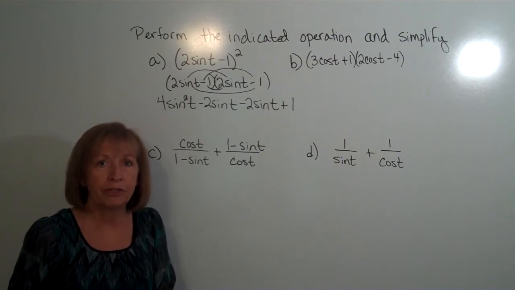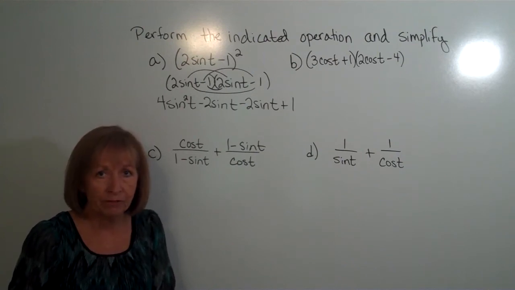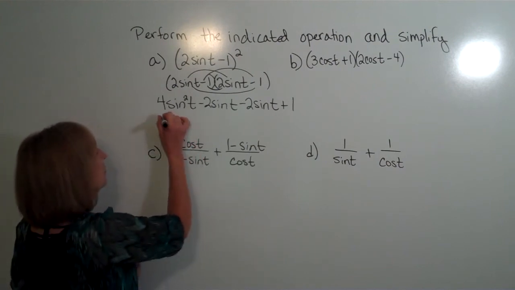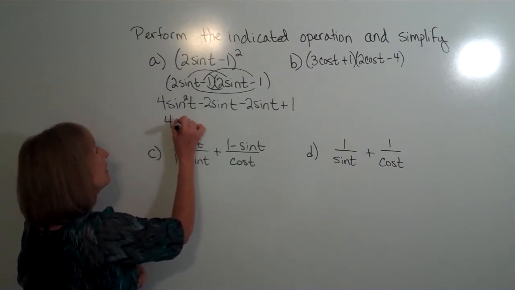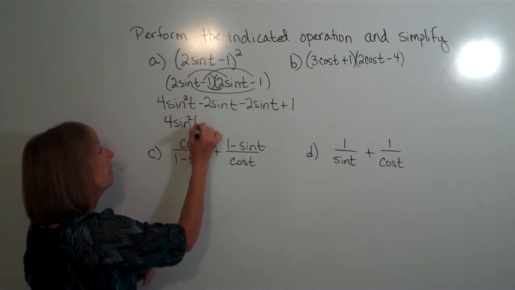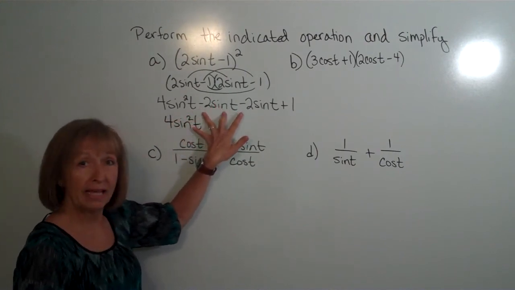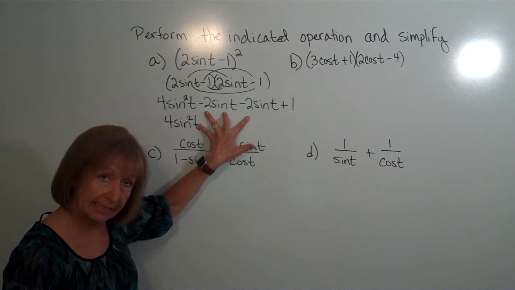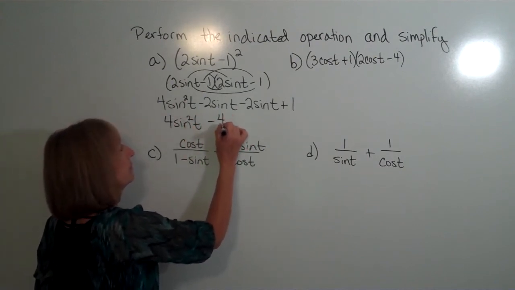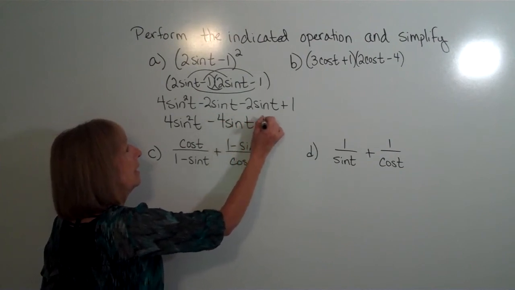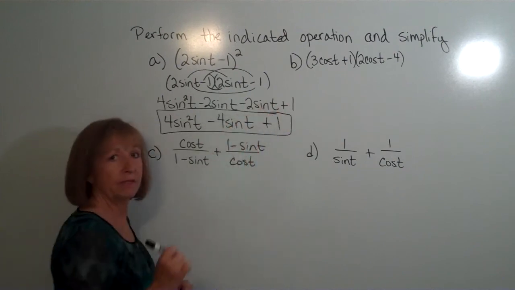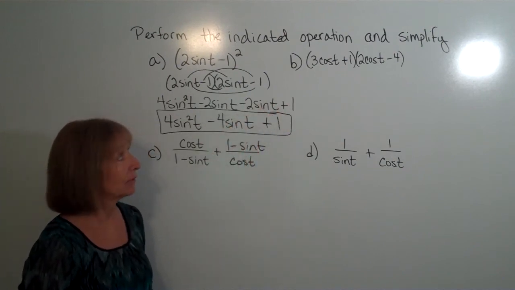So in trig functions, it has to be exactly the same trig function with the exact same exponent on the trig function. So 4 sine squared t doesn't have a like term with it. But when I have minus 2 sine t minus 2 more sine t, that's minus 4 sine t. And then my plus 1. So that's what we have in terms of the simplification of multiplying that out.